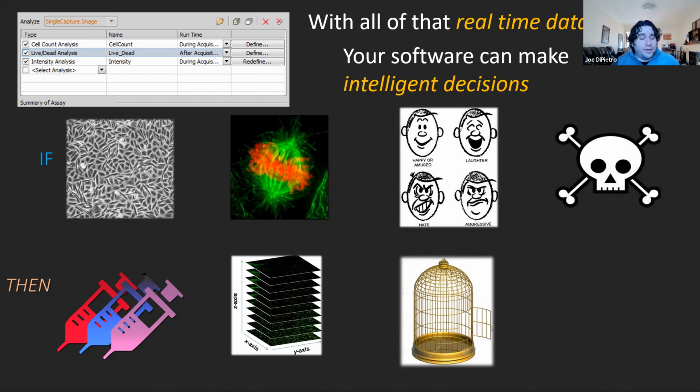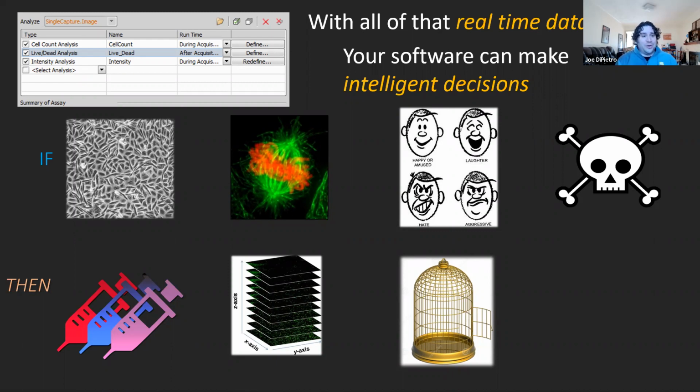Or maybe you want to get as much data as you can before your cells die. This is actually more common than you think. Sometimes the limiting factor is just, well, I can only keep my cells alive or healthy for so long. We have technologies now available to keep cells alive for a pretty long time. But also, it's possible that the experiment you're doing actually does kill the cells, right?